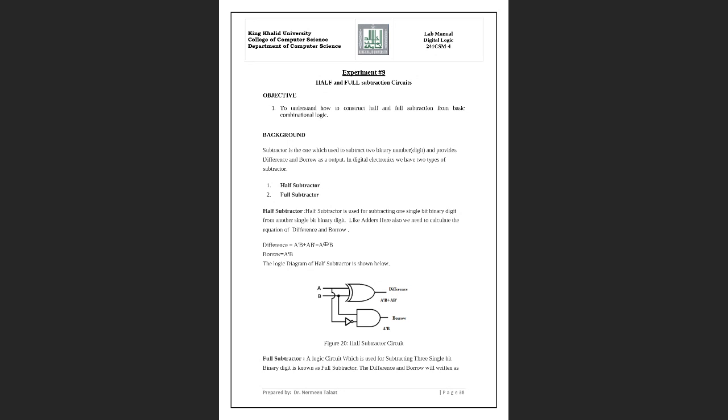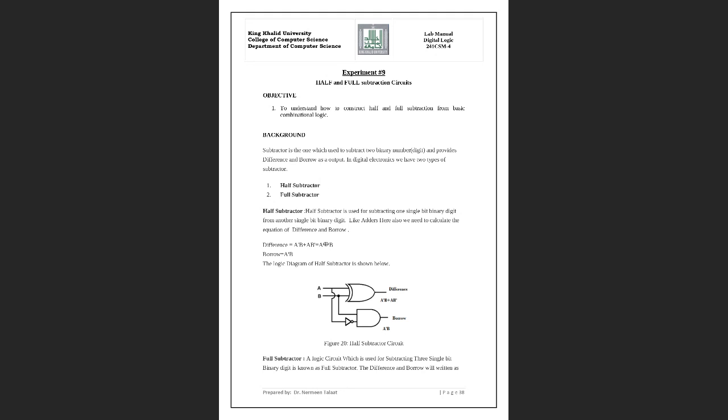So what is a half subtractor? A half subtractor is similar to the half adder you have seen. It is used for subtracting one single bit binary number from another single bit binary number. Like the adder, here also we need the equations for difference and borrow.